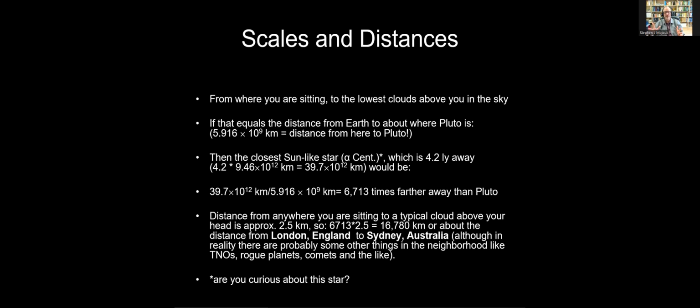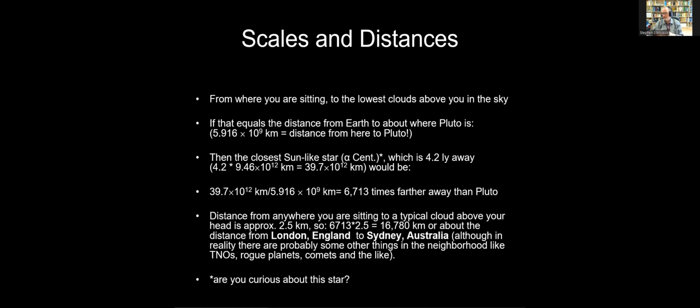So that distance, which is nearly 40 times 10 to the 12 kilometers, would be 40 times 10 to the 12 kilometers divided by 6 times 10 to the 9 kilometers, meaning that the distance is 6,713 times farther away than Pluto.